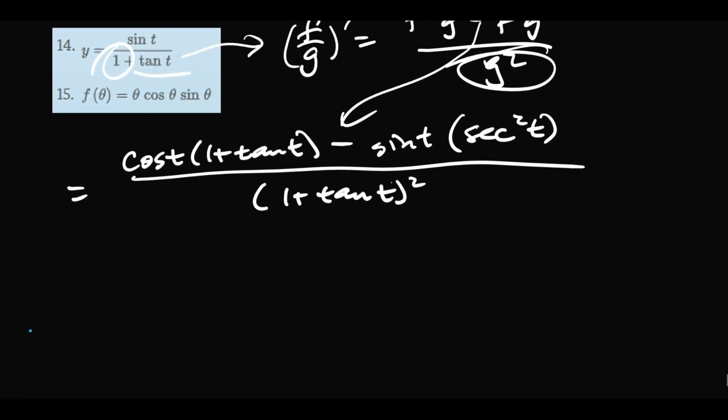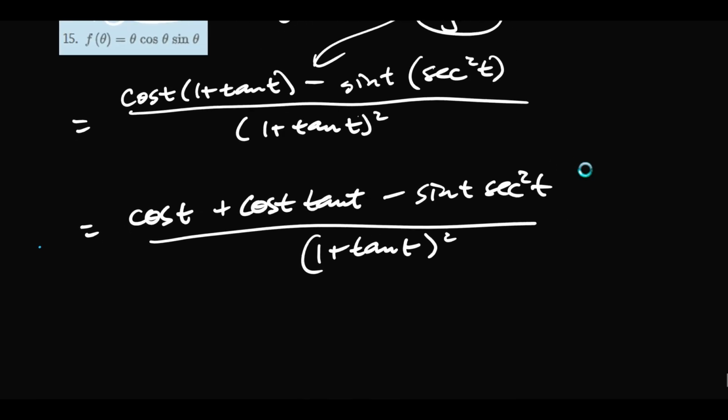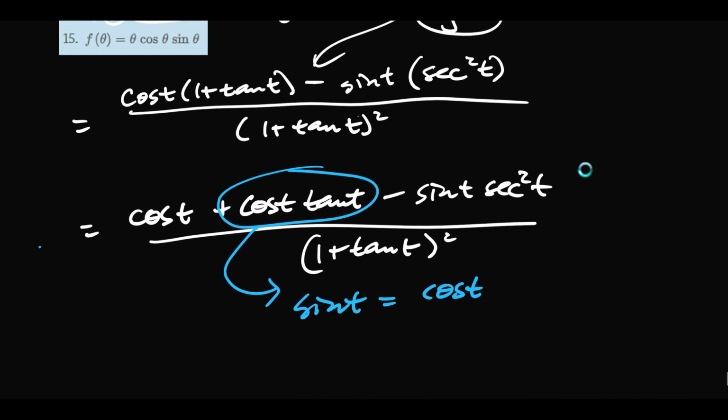And now if we want to simplify this, we're going to get cosine t. Now if you notice, cosine and tangent, these two will cancel into just sine, because cosine t times tangent is sine over cosine. And so these will cancel, and so you'll just get a sine out of that.